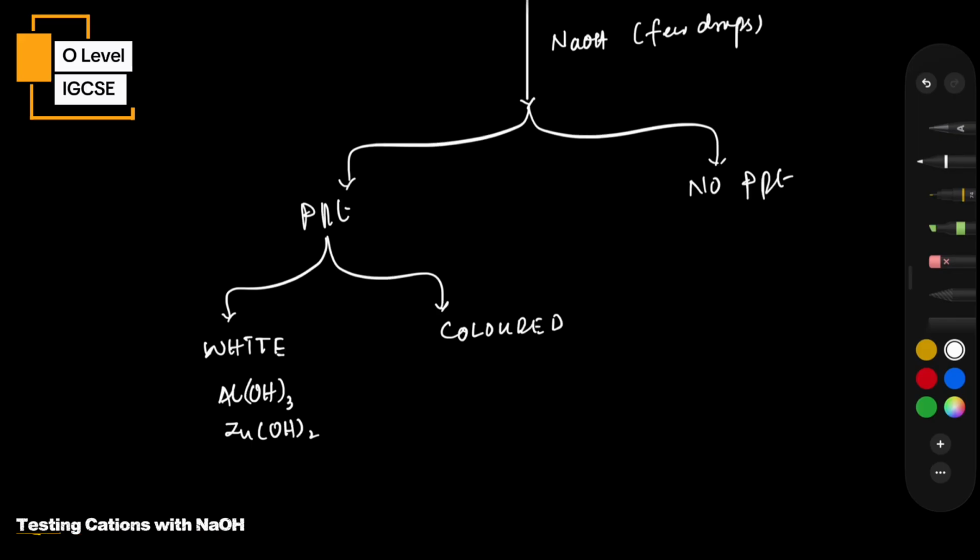Similarly, there may be the formation of calcium hydroxide, Ca(OH)2, as a white precipitate. So in case of a white precipitate, these three ions may be present.